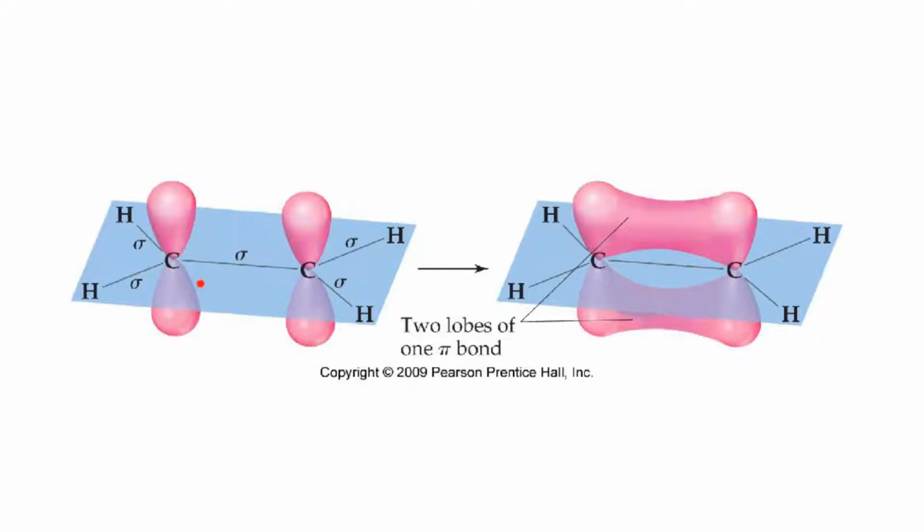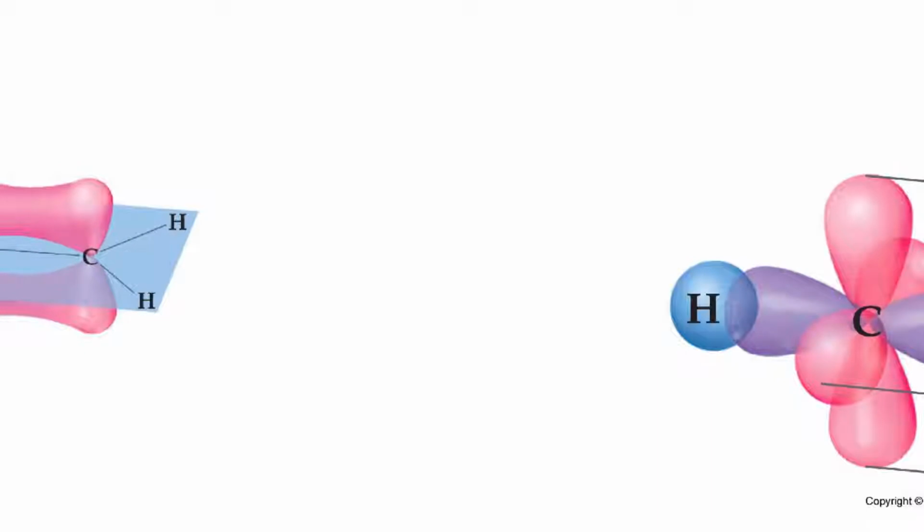So these y-axes are sticking up above the plane of the molecule. If they share a region of space that is sharing an electron between them, that is called a pi bond. And a pi bond is more than just a single bond. You would have a pi bond in a multiple bond, like a double bond or a triple bond.